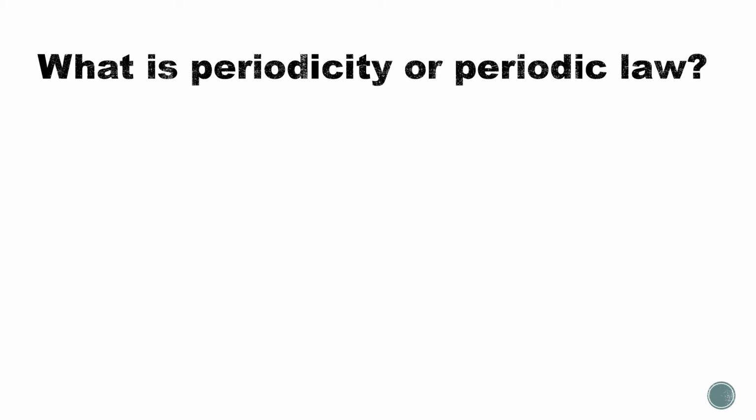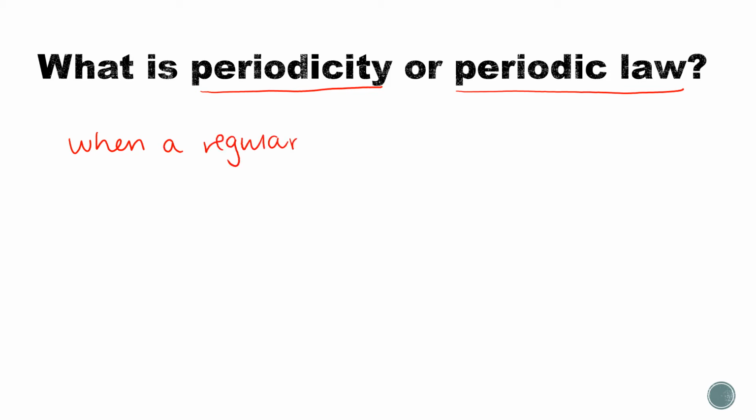Now that we've reviewed a little bit more about the history of the periodic table, let's actually talk about periodicity, also known as periodic law. They are the same thing. Periodicity or periodic law are when we see a variation that is regular.